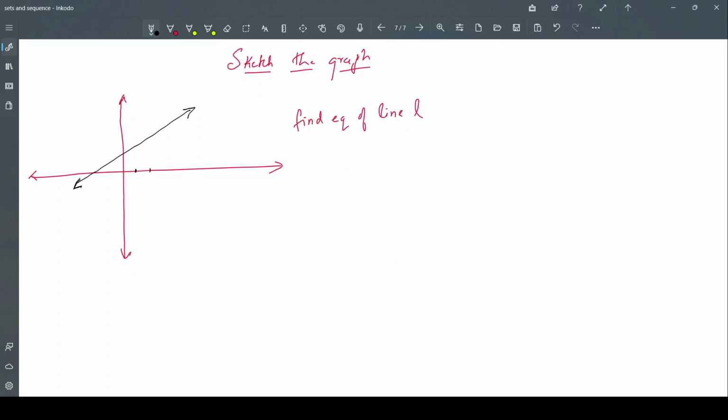So let's say this is 1, this is 2, and this is 1 over here, and this is 2 over here, this is 3, like that.